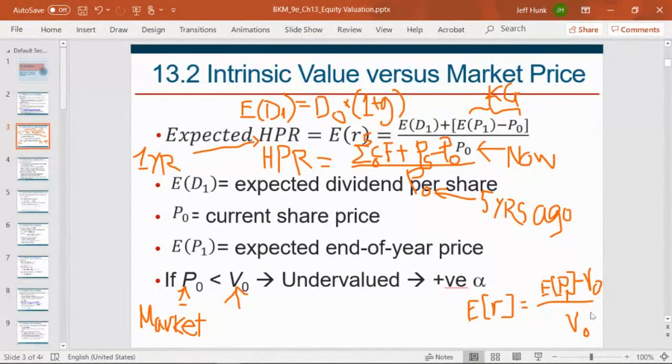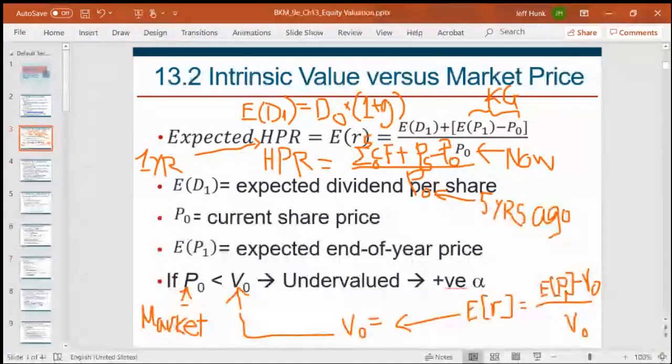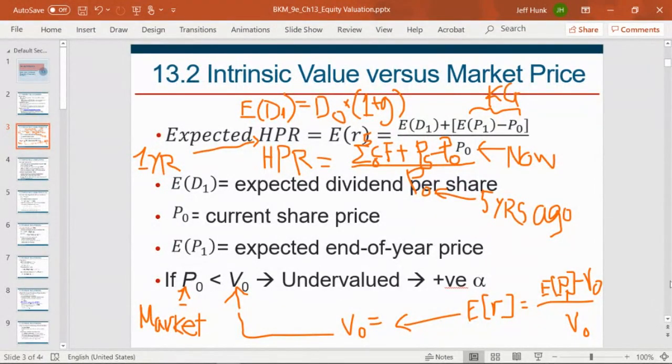Can we not isolate V0 and solve that? Solve this equation for V0. Right? So that's how you find the intrinsic value based on the concept.